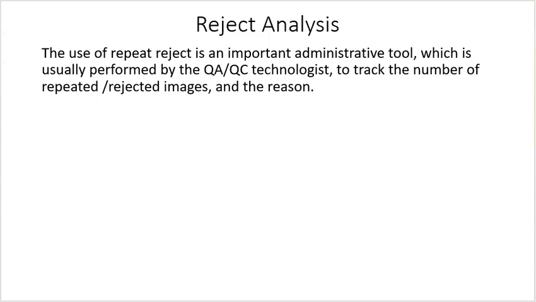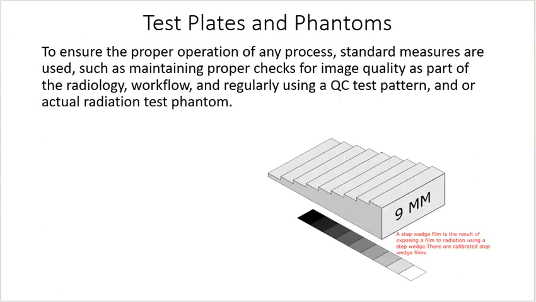If you're constantly retaking images, you're exposing the patients to more radiation, and you'll have to do some sort of retraining, and they will try to get you up to speed, and if you can't and you constantly take bad images, you will get fired. So reject analysis, that's what that's about, and it's done by that QA monitor or QA/QC technologist. Same person, different title.